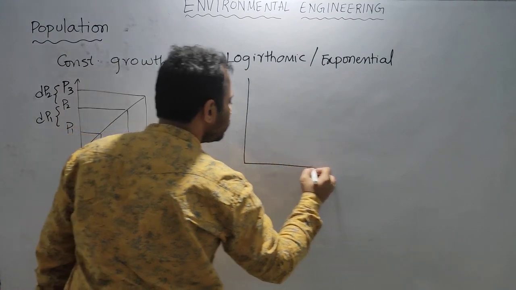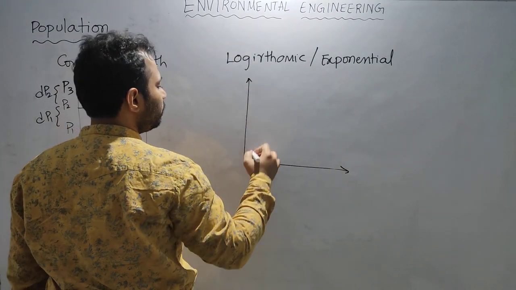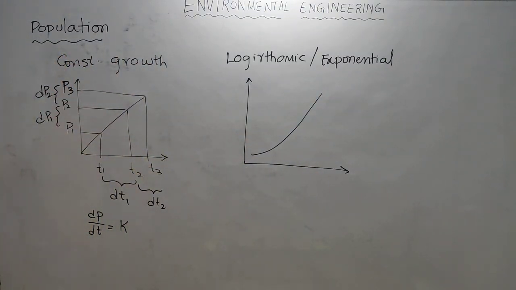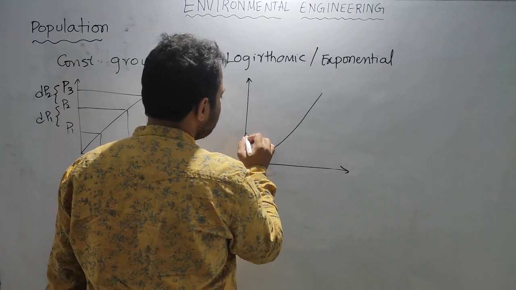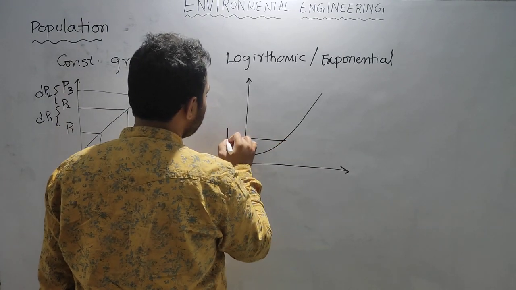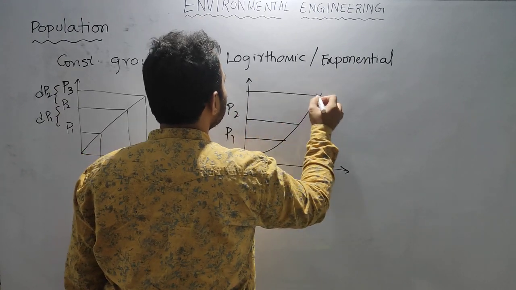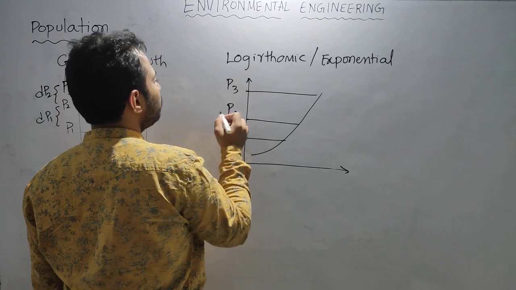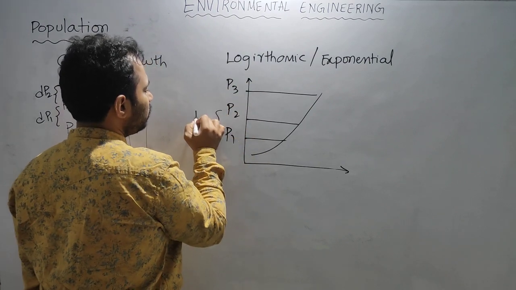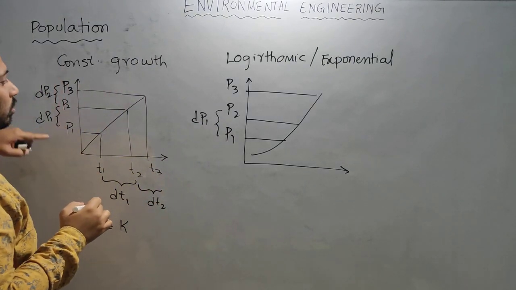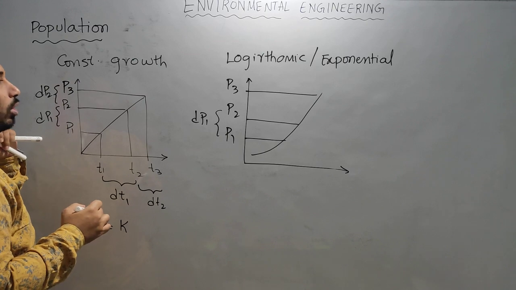There the graph is not a straight line, it will have curvature. Here this is p1, this is p2, this is p3. In the constant case dp by dt is constant, but here it is not like that.